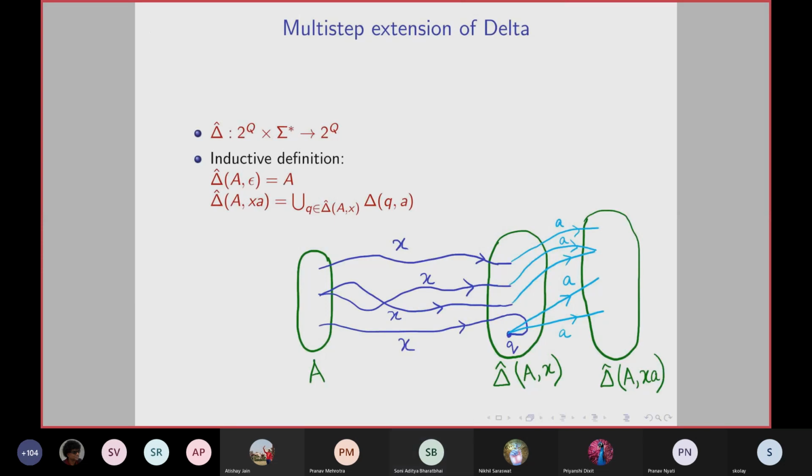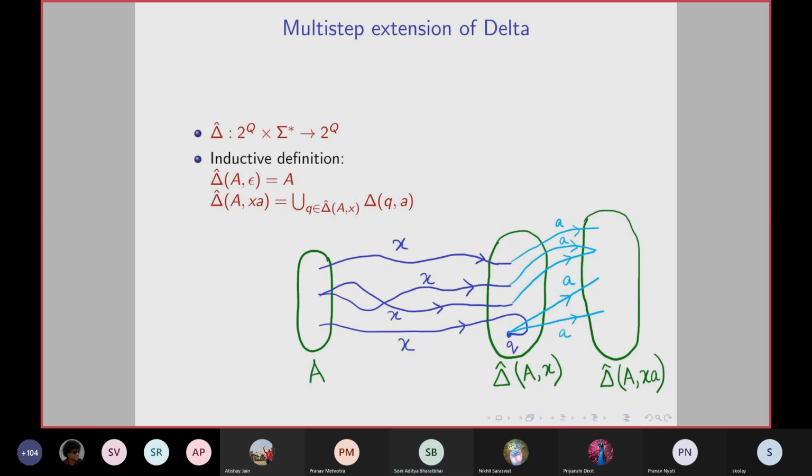So delta hat is defined in a particular way. What delta hat answers is what are the states where you can reach. You cannot say from which state you have reached this particular state. Suppose delta hat answers, let's say in the third step, what are the states you can reach? Okay, I have understood the notion. I got what is happening.